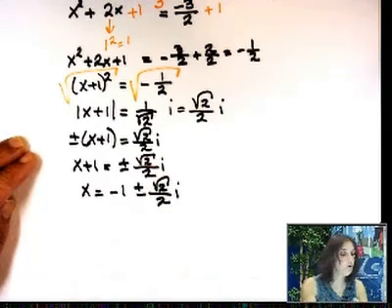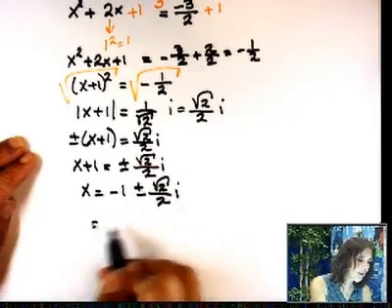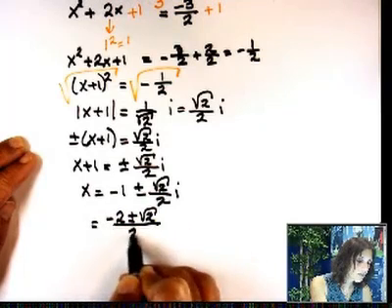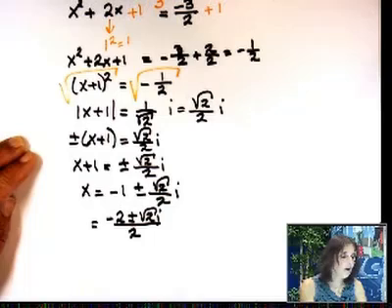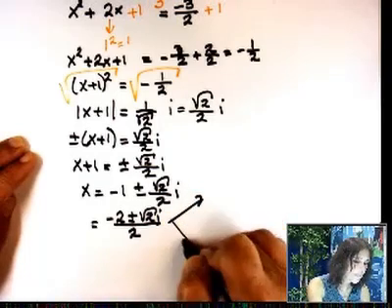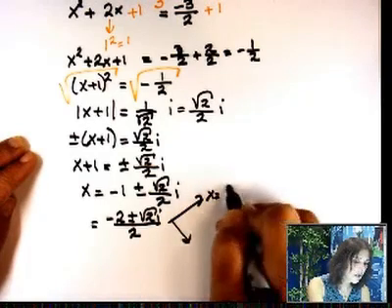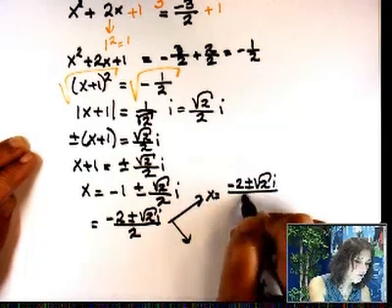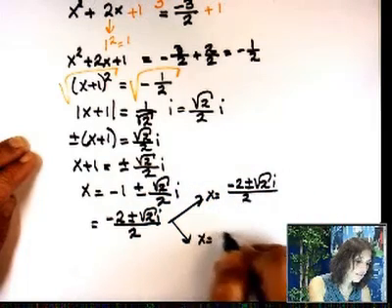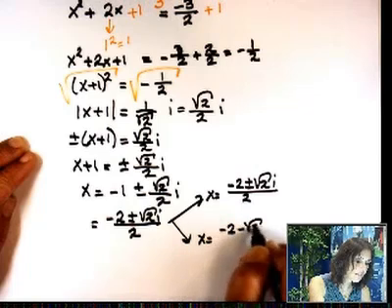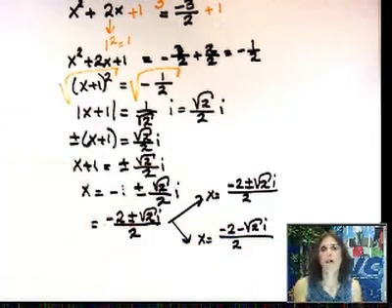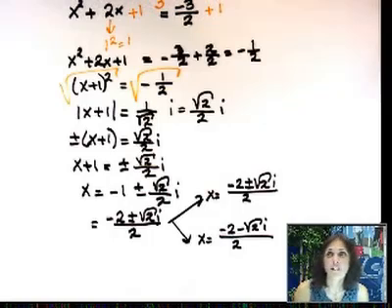You can actually put it in the same denominator if you want: negative 2 plus minus rad 2 i over 2. Okay, what does that mean? x equals negative 2 plus rad 2 i over 2, or x equals negative 2 minus rad 2 i over 2. All right, so this is the end of this section.